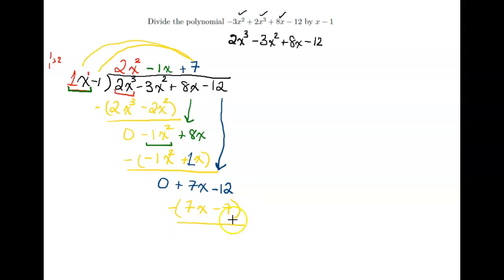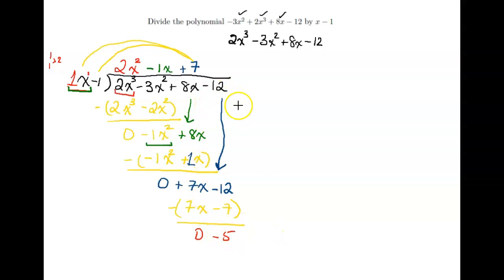Finally, we subtract. And again, if I've done this right, this term and this term will cancel. And it does, because I've got 7x minus 7x, leaving me with 0. And don't forget, for subtracting a negative, we were actually adding. So negative 12 plus 7 will leave me with negative 5.